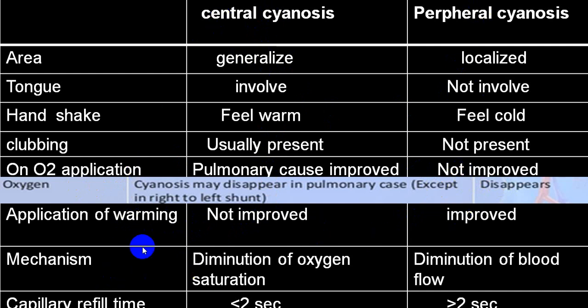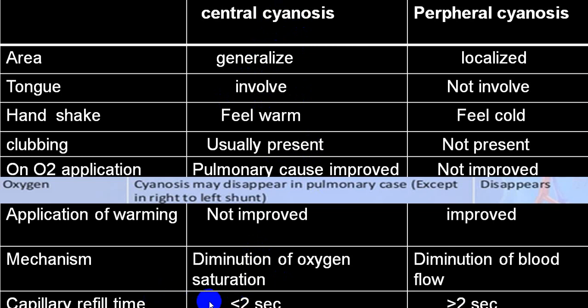In central cyanosis, there is deoxyhemoglobin of more than 5 gram in the central blood, or we call it the systemic circulation, while in peripheral cyanosis it is normal and there is a diminished blood flow, hence there is an excessive utilization of oxygen. In central cyanosis, particularly in the case of the respiratory system, except congestive heart failure, there is a normal blood flow.